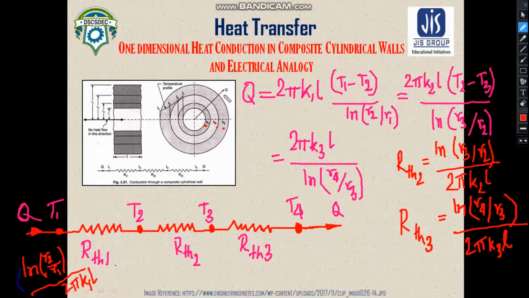Obviously this distance is R4, up to here is R3, up to here is R2, and this one is R1. So the radii are defined as this is R1, this is R2, this is R3, and this is R4. I think you have understood it. So using these formulas we have generated this.